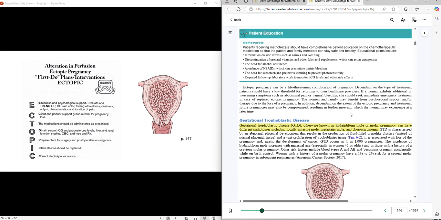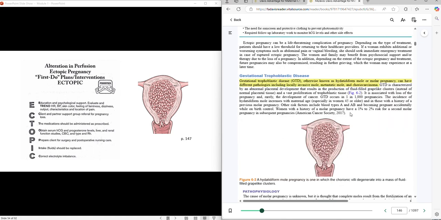They have the hydatidiform mole or the molar pregnancy, and this happens in 1 in 1,000 pregnancies. Okay, now it's termed gestational trophoblastic disease. Okay, it's where the chorionic villi degenerate into a mass of grape-like clusters.